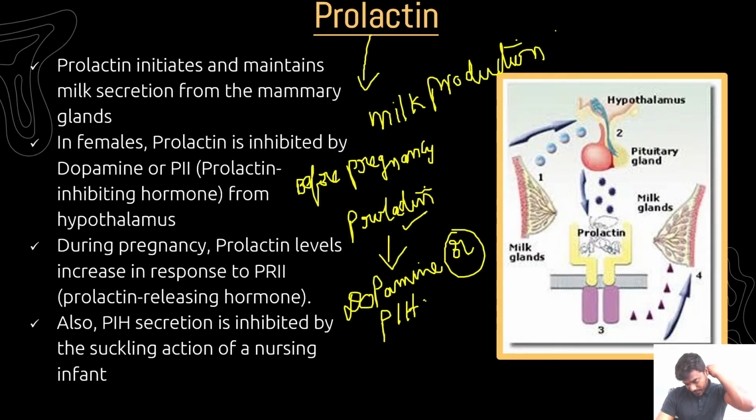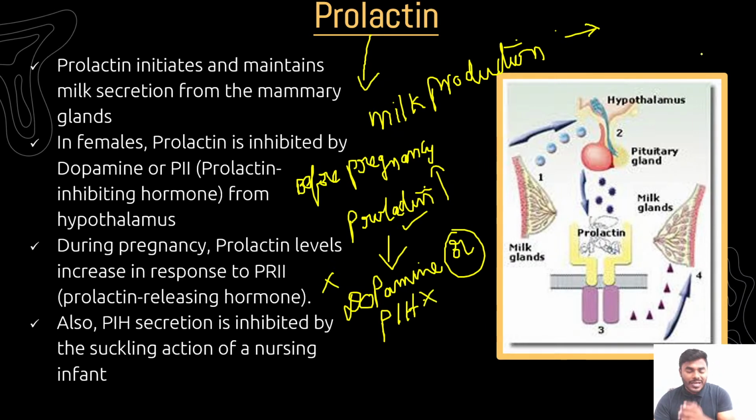Now during the 7th month and after the pregnancy, the mother has to lactate, which means that the mother has to produce the milk. If the milk is to be produced, the prolactin level should be raised. Yes or no friends? Of course yes. If the prolactin level wants to be raised, we should block the dopamine. We should block the PIH. Yes or no? Of course yes.